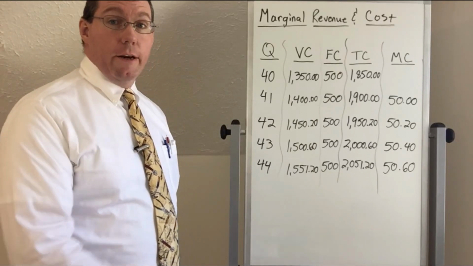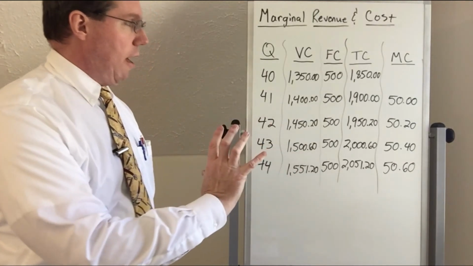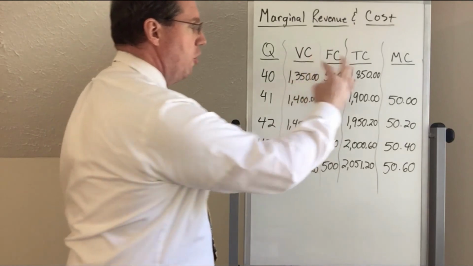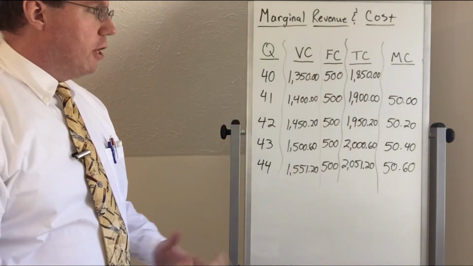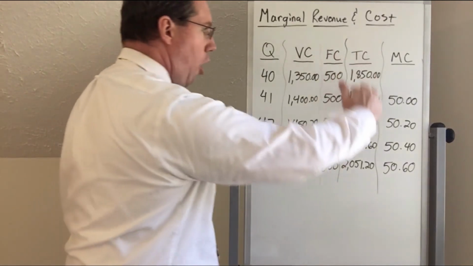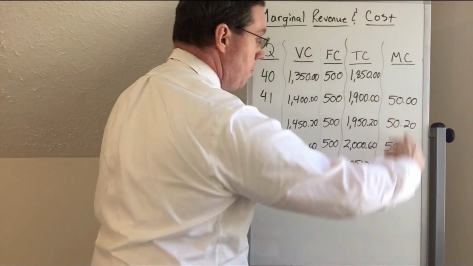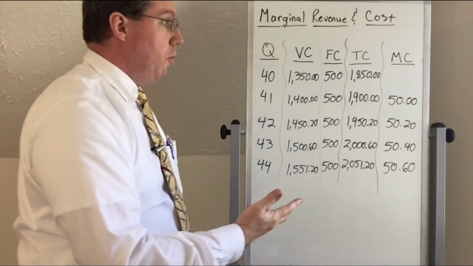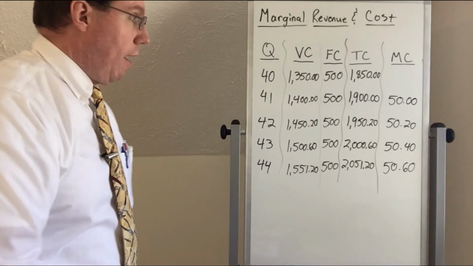All right, so what I've done here is I've brought over the first 5 rows again, only this time we're focusing on the costs of this particular firm. Now, we just saw how we can use total cost to calculate marginal cost, and we also saw how we can use marginal cost to calculate total cost, as long as we have some previous information, right?